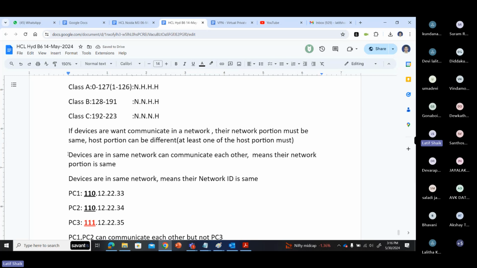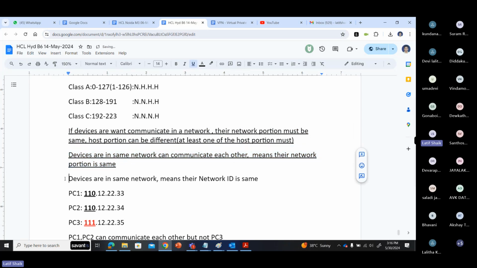Devices in the same network can communicate with each other, which means their network portion is the same. Another line: devices are in the same network means their network ID is the same. Guys, these are all important points, always useful when you are dealing with any type of network related stuff, maybe core networking, cloud, server, or Linux related.